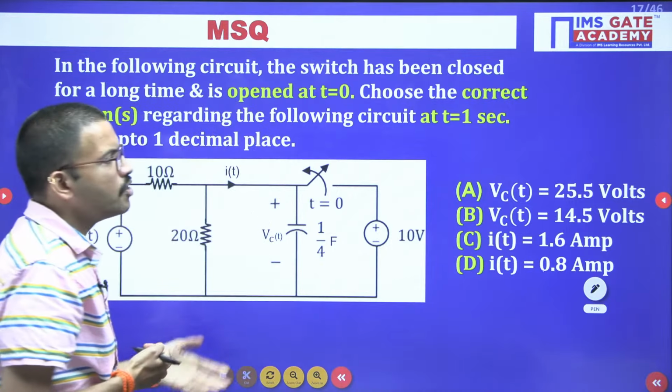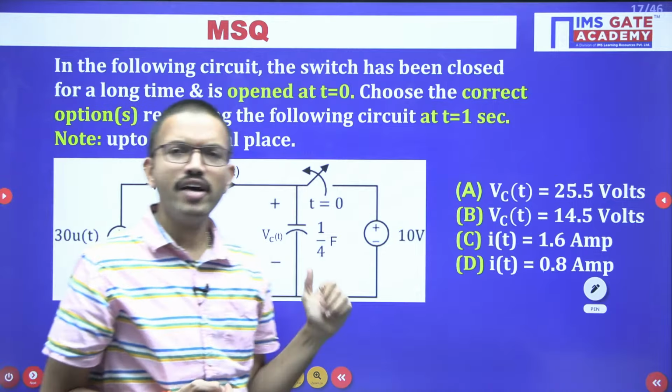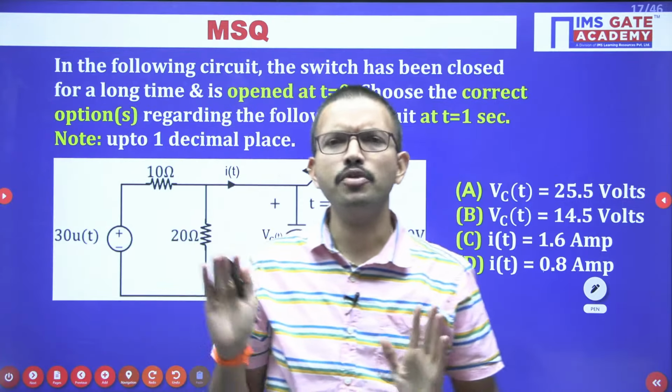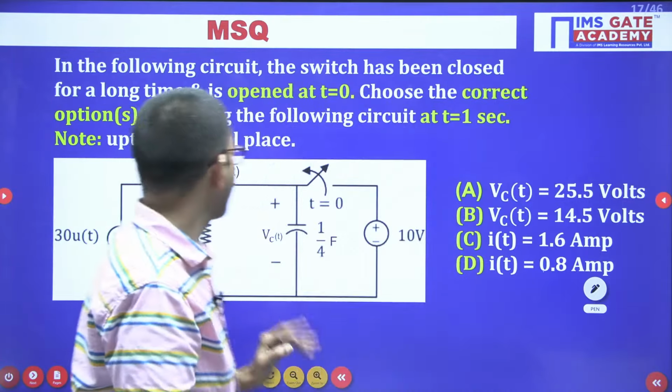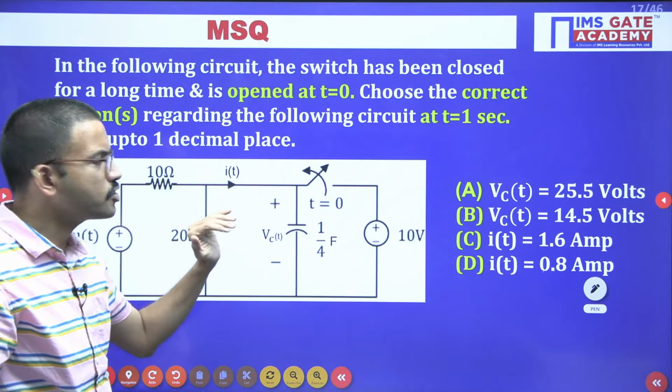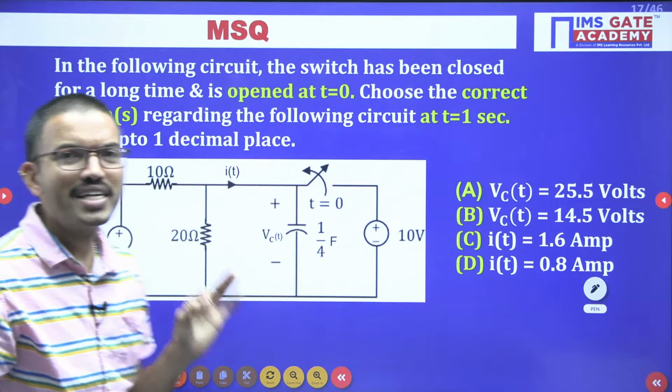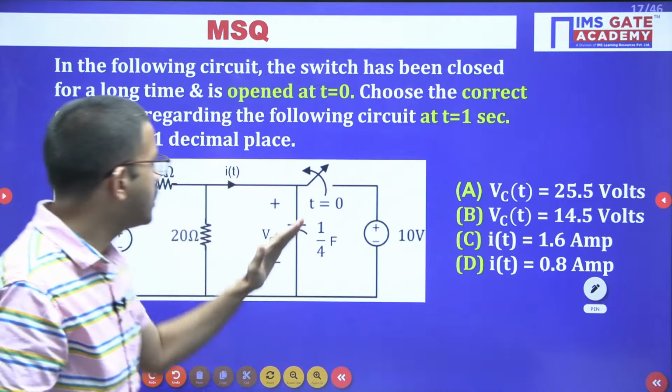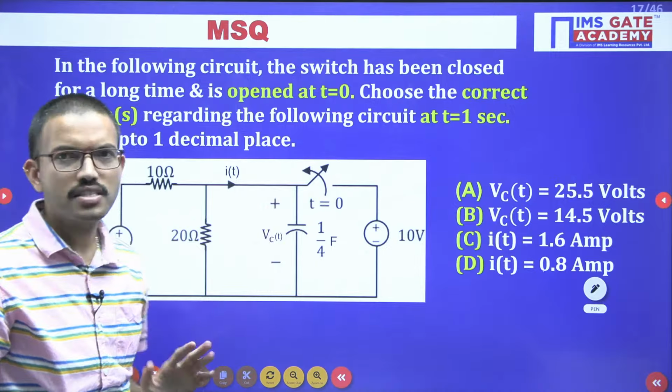Now, whatever method I discussed in the earlier question, the same approach you can follow. Here, first of all, just observe the circuit diagram and consider the circuit at t equal to 0 minus. That means just before the switching action, you have to consider the circuit.